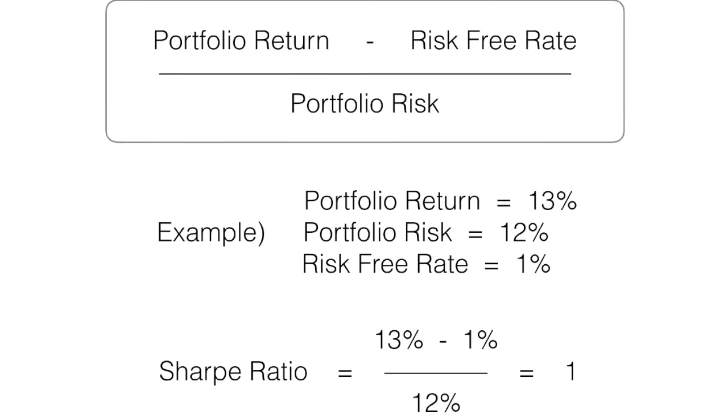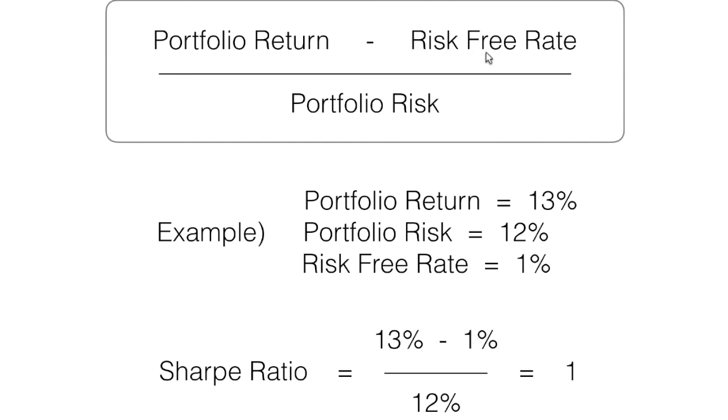So what I want to do is introduce the most commonly used, and fortunately for us, the easiest to understand, measure of risk-adjusted returns, which is the Sharpe ratio. The Sharpe ratio is just a way for us to measure the portfolio return in relation to the portfolio risk. And this is the formula here. It's actually really simple. It's just the return of the portfolio itself minus a risk-free rate.